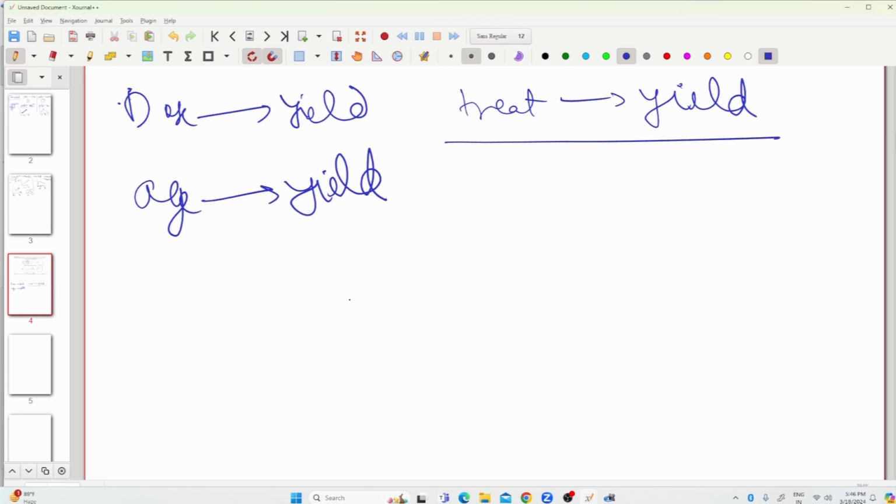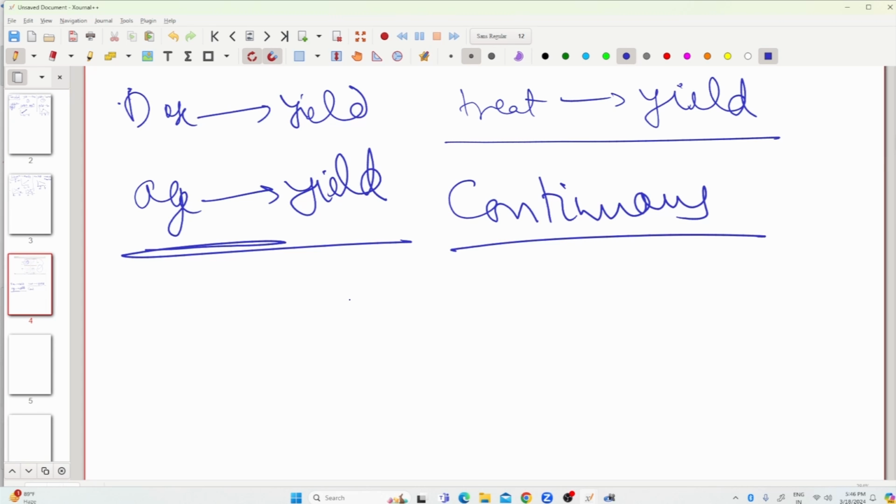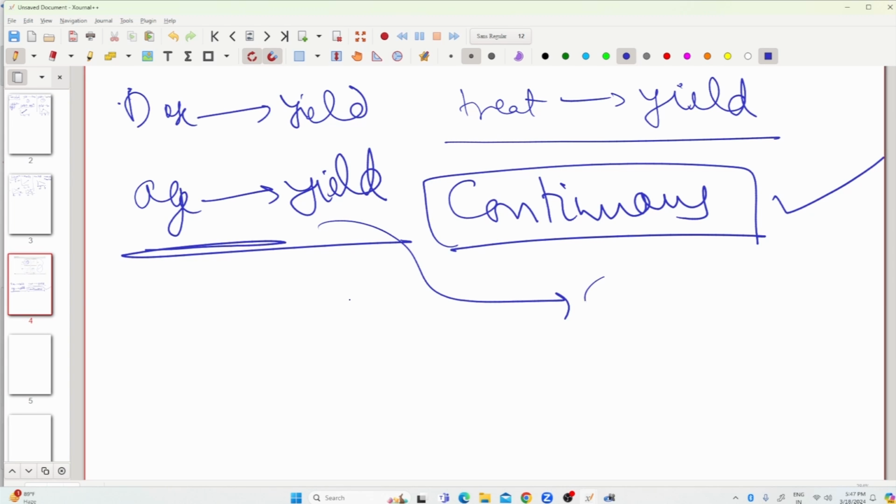Now, this is a continuous variable, let's assume, because अगर age भी category variable होता तो we would have gone for a 3-way ANOVA. Okay. Now, let's talk about this. This is called a covariate.